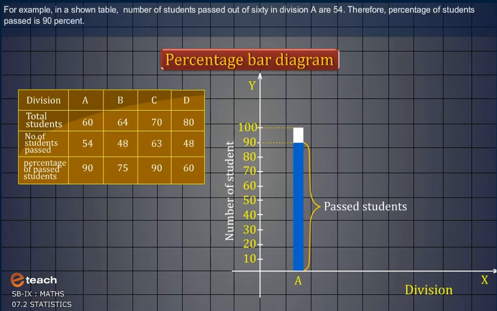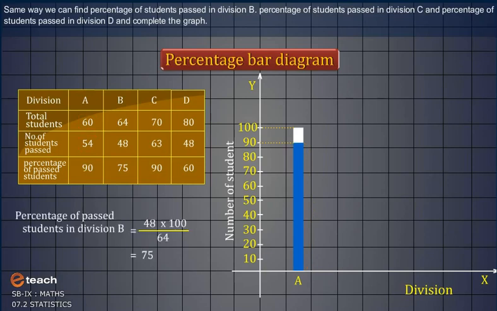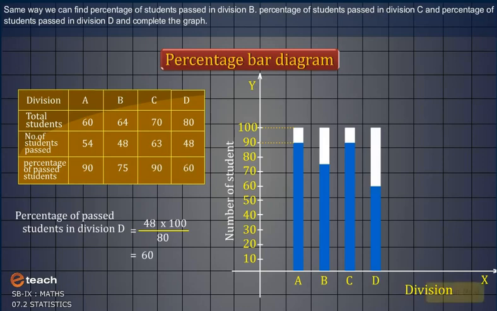For example, in the shown table, the number of students passed out of 60 in division A is 54. Therefore, the percentage of students passed is 90%. In the same way, we can find the percentage of students passed in division B, C, and D, and complete the graph.